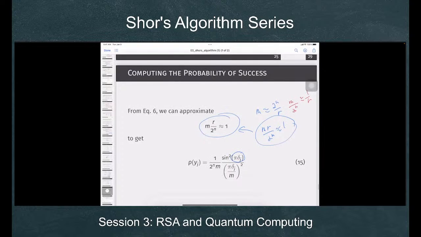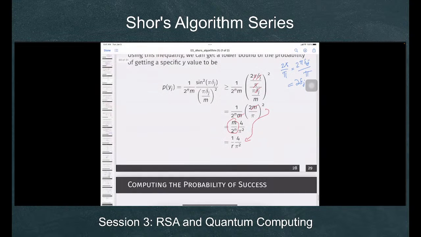So that's why we have this. So the probability, this one is the lower bound, is approximately equal to 1 over r times 1 over r times 4 over pi squared.